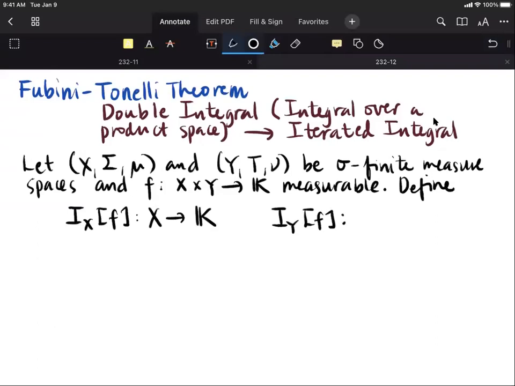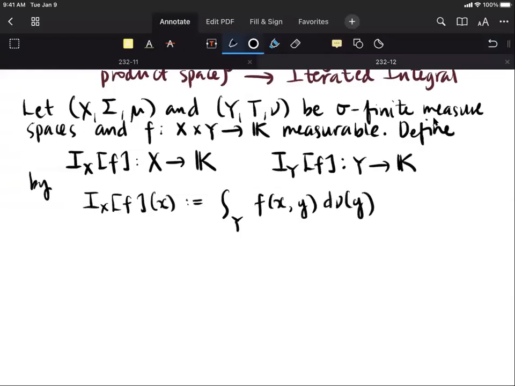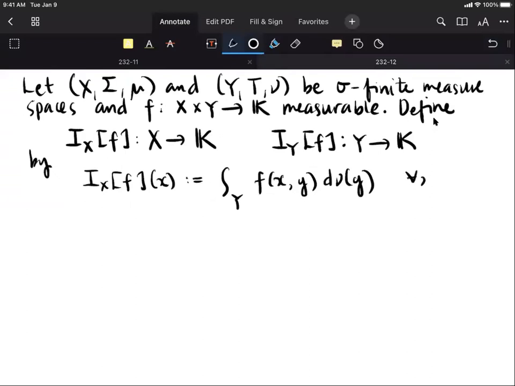I here refers to an integral. As follows. So Ix of f, this is a function. So it takes an input in capital X. So we take the trace function, d nu y. So this is for x in capital X. And similarly for Iy. So this is an integral over x of this section.